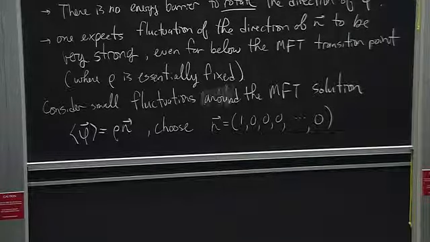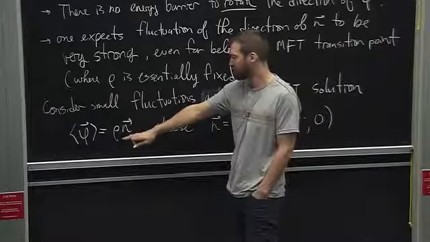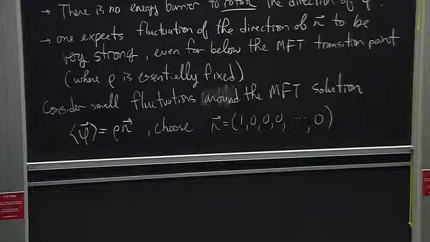Then a field at any arbitrary position in space will be made up of the mean field, okay, rho n vector. But now I want to include fluctuations past the mean field.